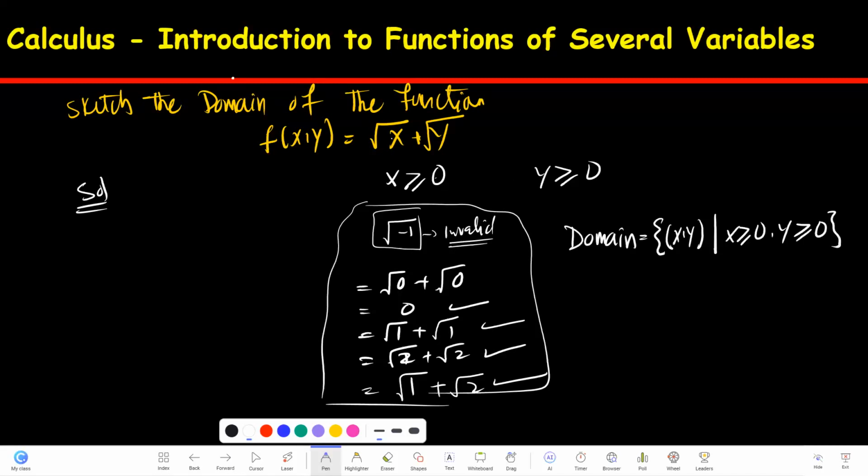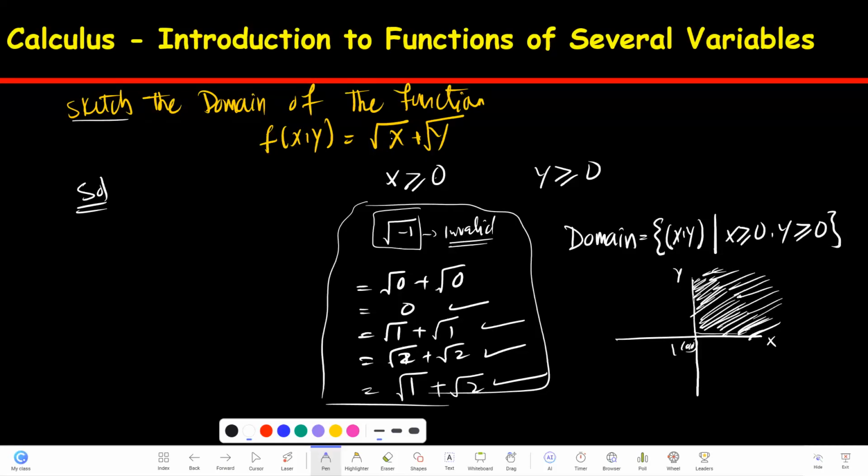If I want to sketch, this is called a sketch. So I'm going to draw this guy. This is x, this is my y. I can go up to 0, 0. So I'm fine with this line, right? And this is my domain. I can go more and more, whatever you like, up and down.